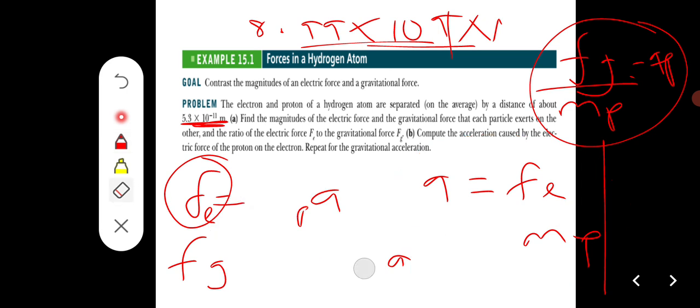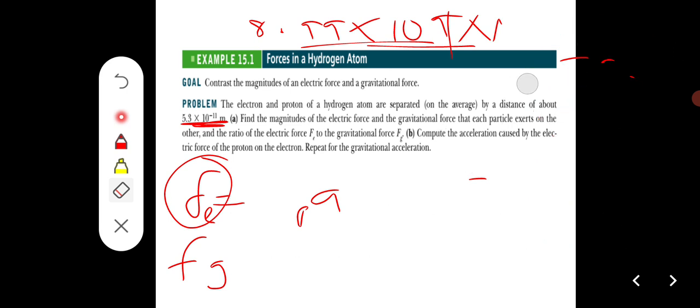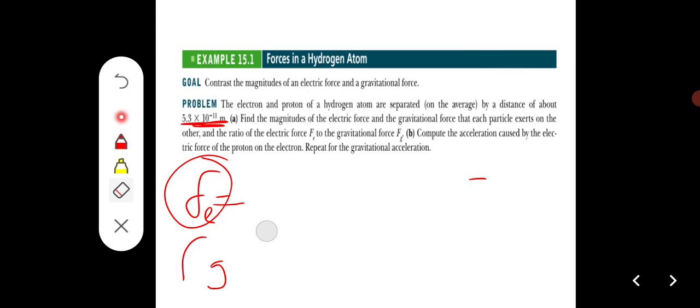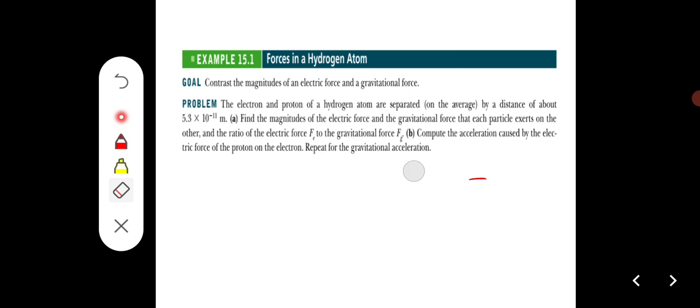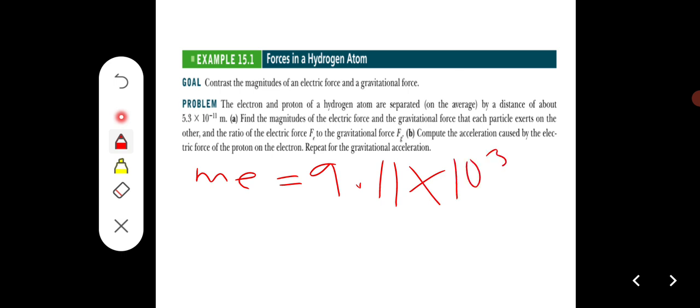Then for the values which you use: the mass of the electron is 9.11 times 10 to the power negative 31 kg.